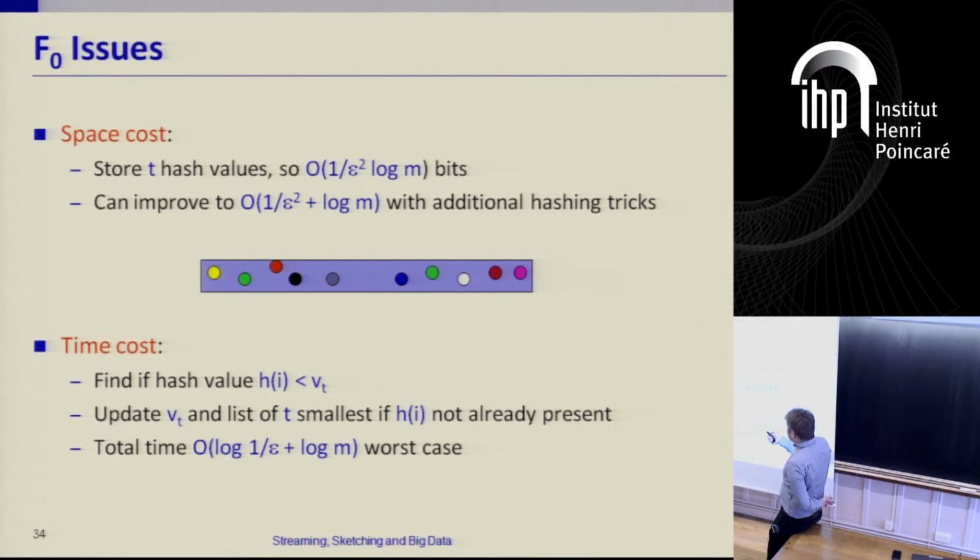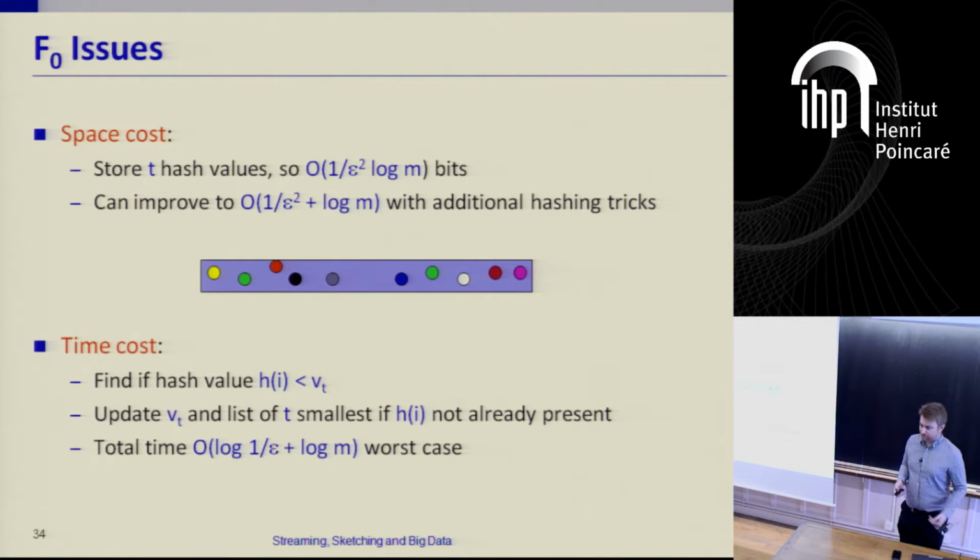So the space is pretty good, and the time cost is also good because every time you see a new observation, you hash that element. That's fairly quick. See where it lies. If it's small, then you've got some priority queue of your smallest elements, so you can make this all pretty fast.